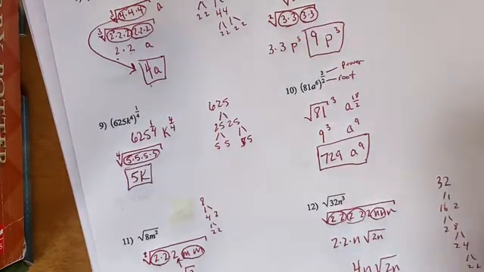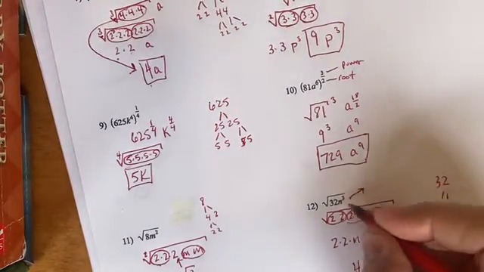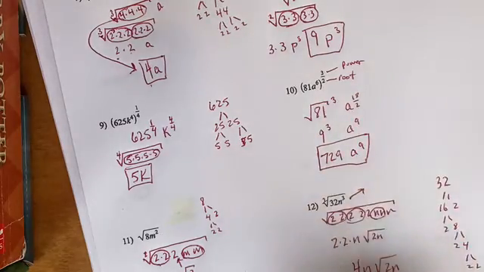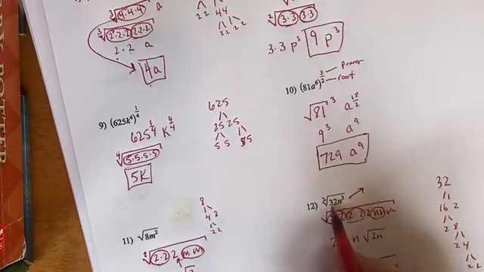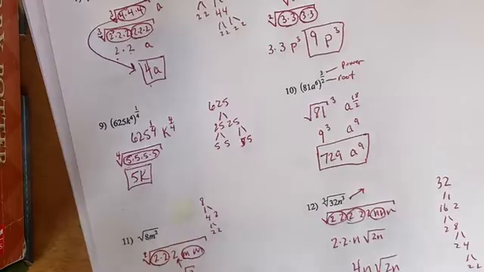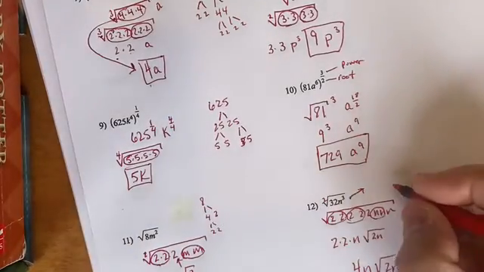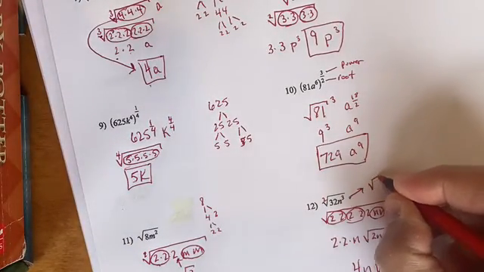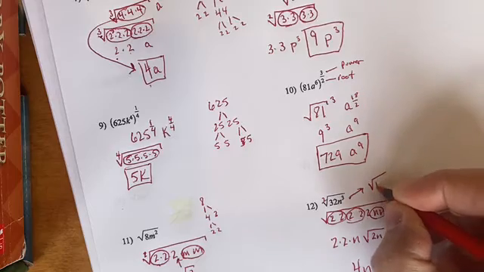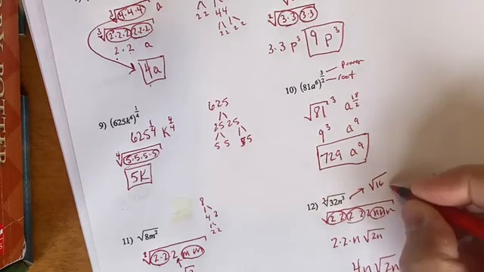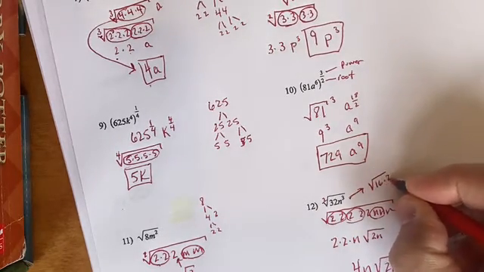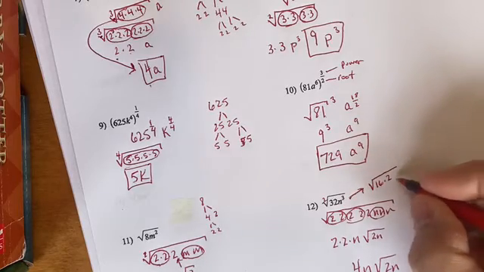And of course 2 times 2 is 4. Now, some people can see this, and if you can find all the perfect squares that are factors of 32, you can do this a little quicker. The square root of 16 is 4, and there's 1 2 left.